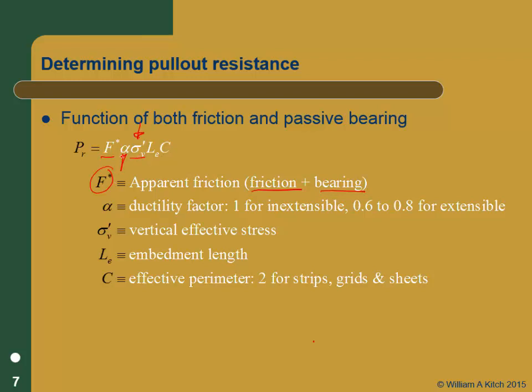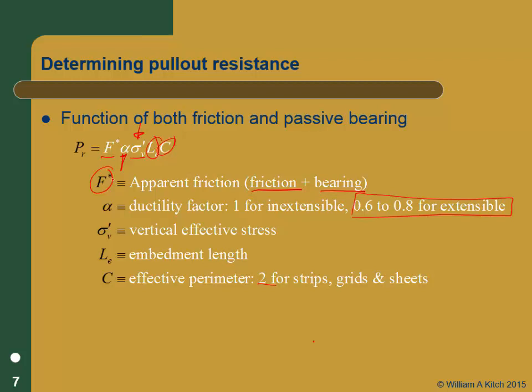The alpha factor is just there to account for whether we have extensible reinforcement that's going to actually significantly strain, then we're going to reduce the pullout resistance because of that. And then we're just going to multiply by the length of the reinforcing element that's available to resist pullout, and then times 2, because we always have resistance on the top and the bottom.